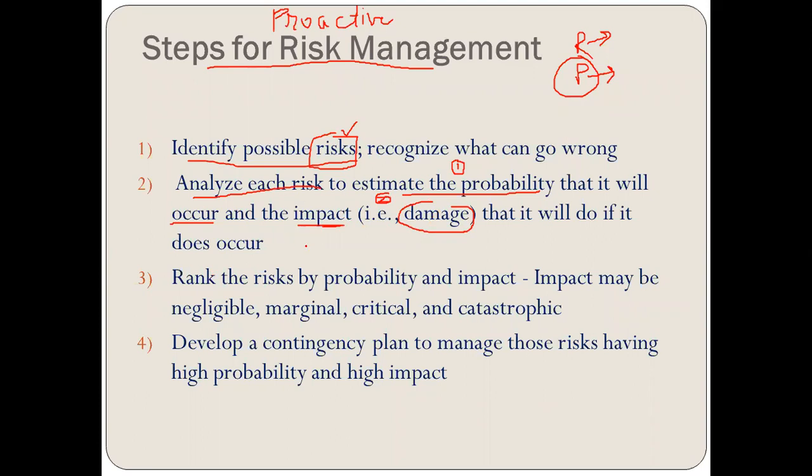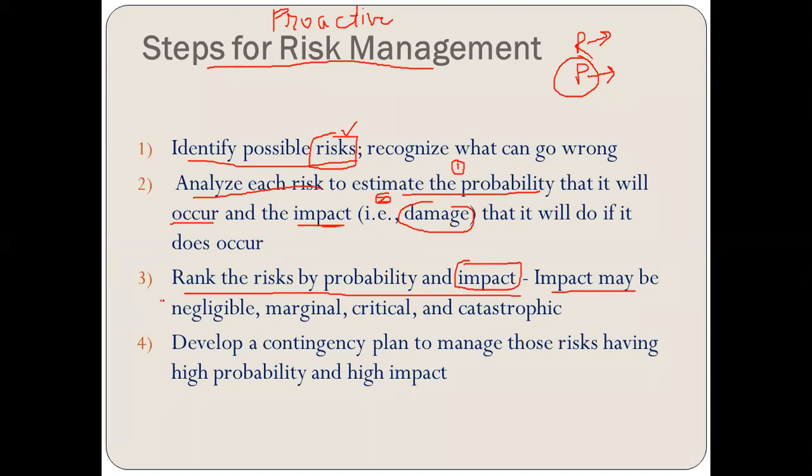Now, after doing these two estimations, I'm going to rank the risk by probability and impact. On the basis of these two parameters, I'm going to rank 1, 2, 3 to these particular risks. Now I can categorize the impact into 4 levels.